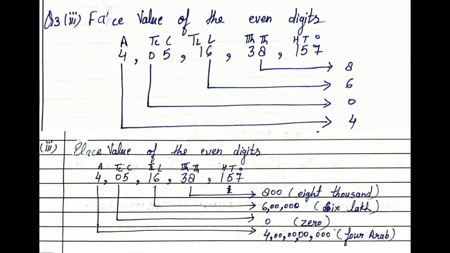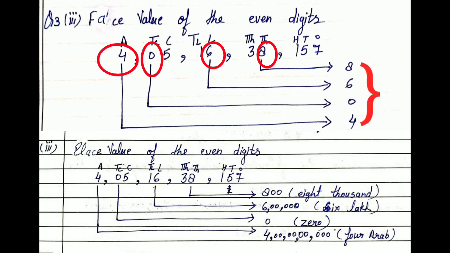Now for the third part, first we write the number, then we mention all the periods till Arab, and then he is asking for the even digits. Now what are the even digits here? 4, 0, 6, 8. These are even digits, so we will write the face value as it is, the same number will come. Now the place value.